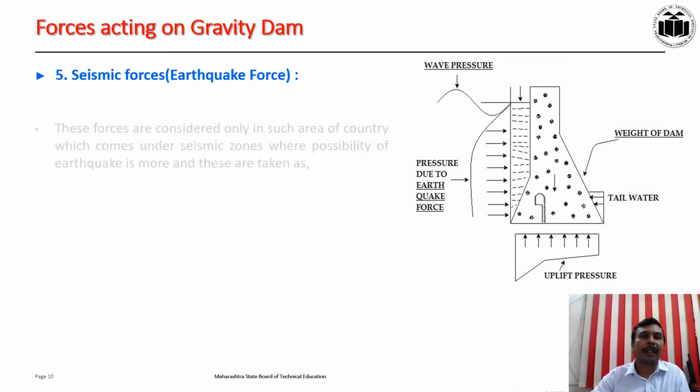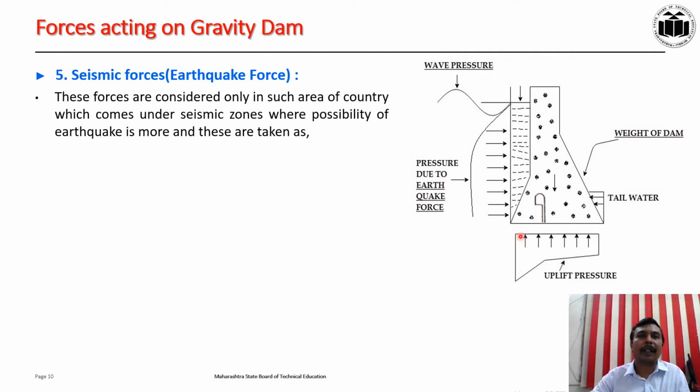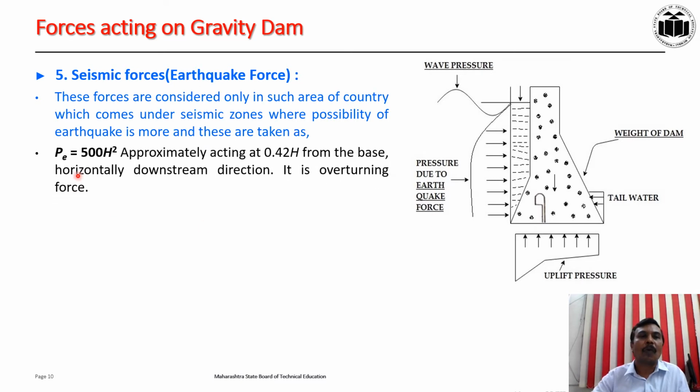You are finding here the seismic force, that is the earthquake force. This is the pressure due to the earthquake. See, these forces are considered only in such areas of the country which come under the seismic zones, where the possibility of earthquake is more, and these are taken as PE, that is earthquake pressure, equal to 500 H square, which is approximately acting at 0.42 H from the base horizontally in the downstream direction.